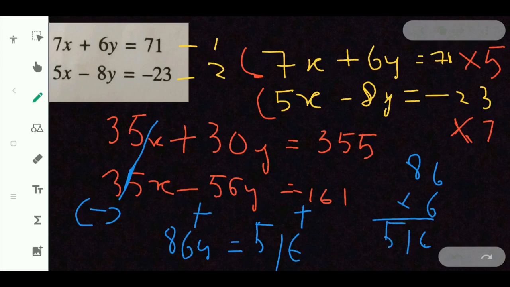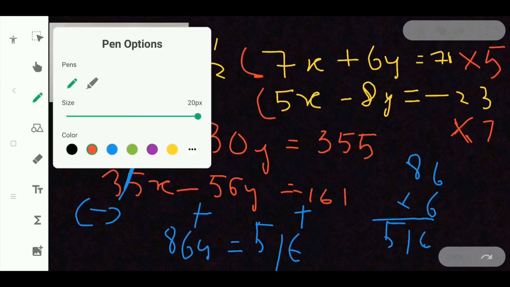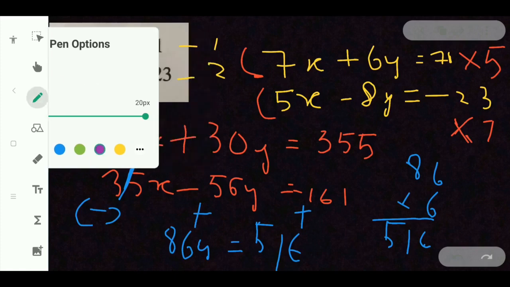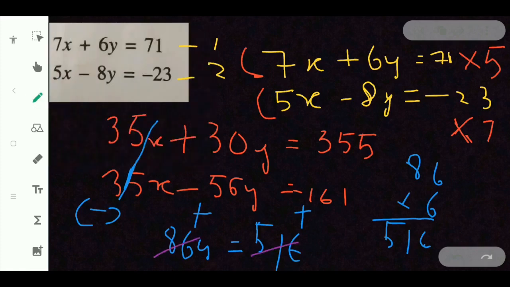So it is 86, 6 times we are getting 516. So our y is equal to 6.